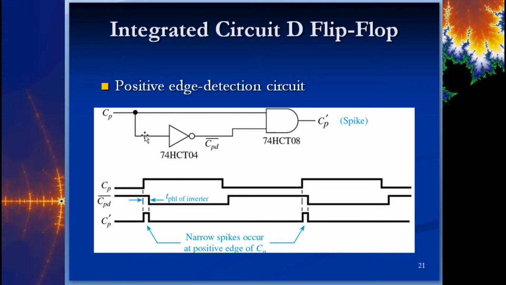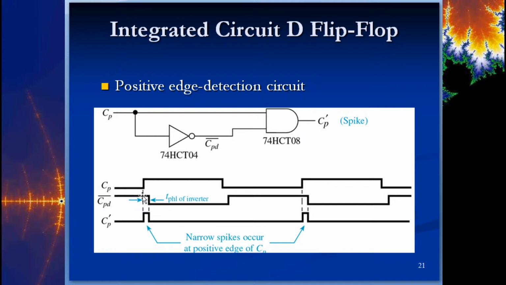If it has to go through the inverter first, you're still either going to get a 0, 1 or a 1, 0. But for a brief, small moment in time, because that signal has to be transformed through this inverter, during that propagation delay, you essentially have a high and a high on here, which is going to change the output. You get a little spike.